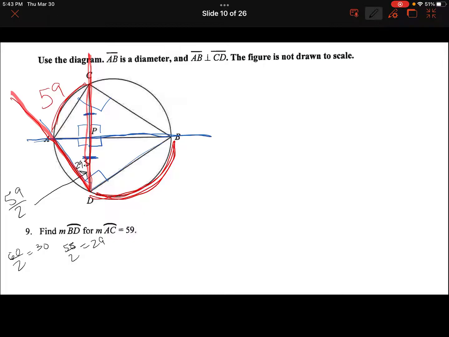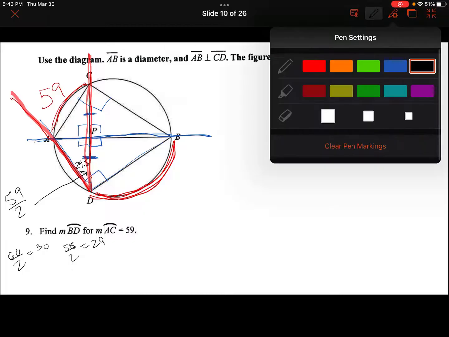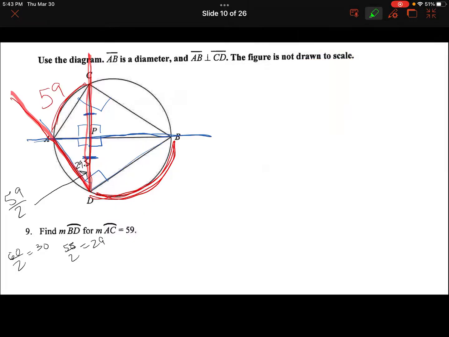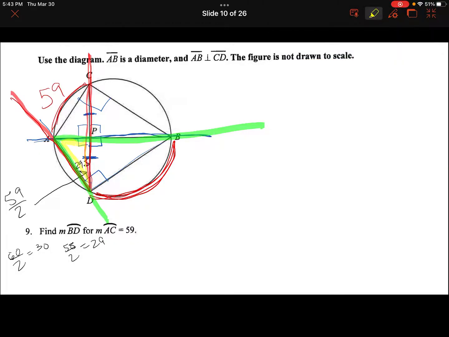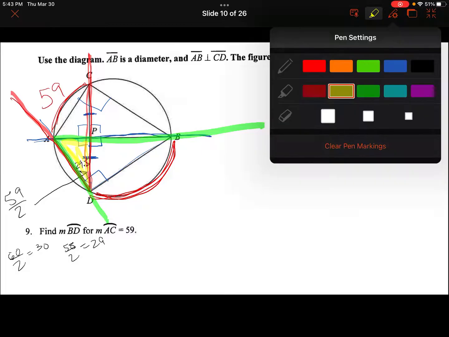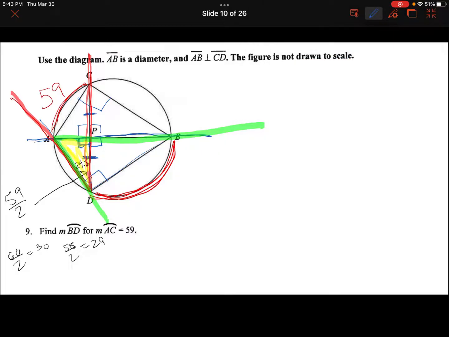Now, we're looking for arc BD, which is the arc that is intercepted by inscribed angle DAB. We can find that angle now because we have this right triangle here, and we know that this is a right angle, and we know that this other acute angle is 29.5. To find the angle that we want, which will be half of the arc, we can use the triangle sum theorem, or we can know that the acute angles in a right triangle are always complementary.